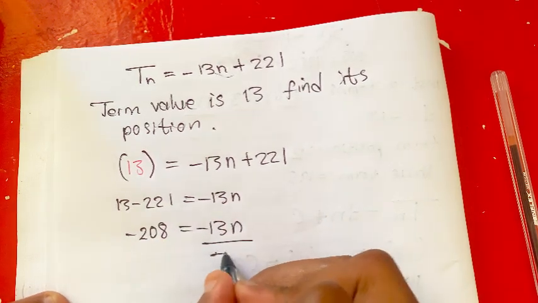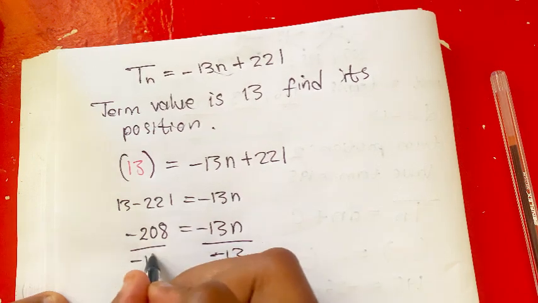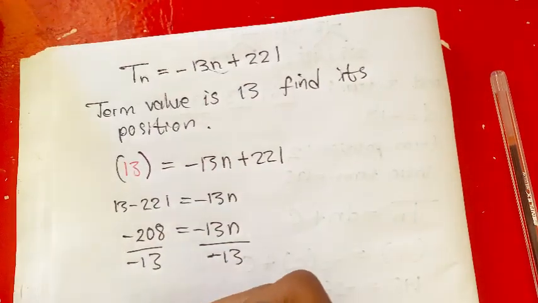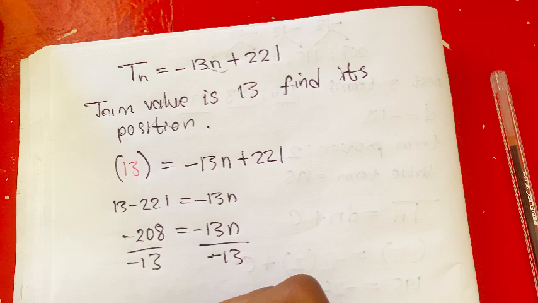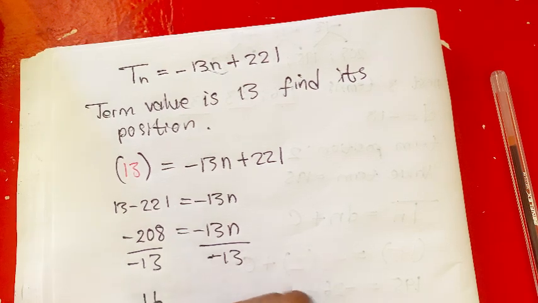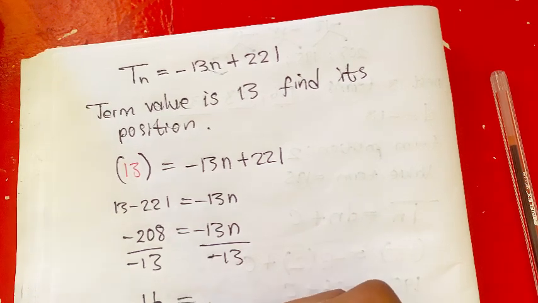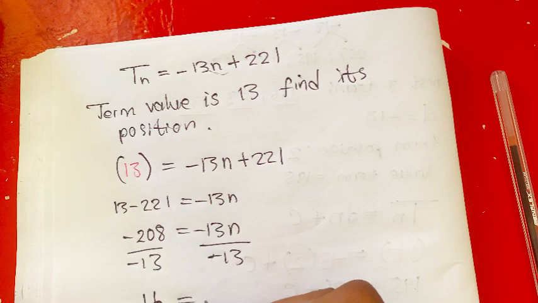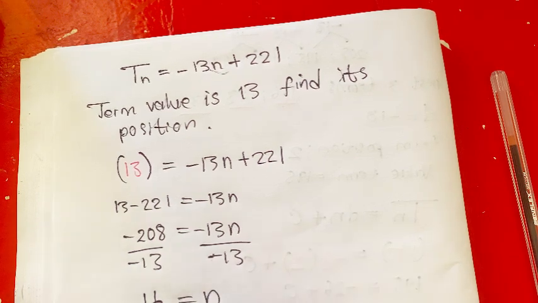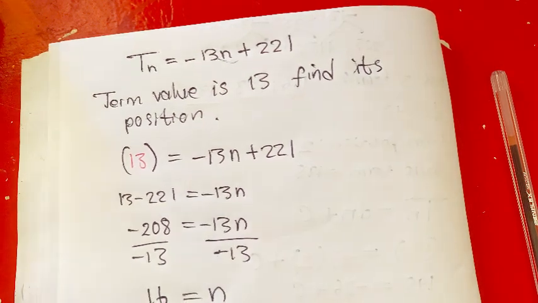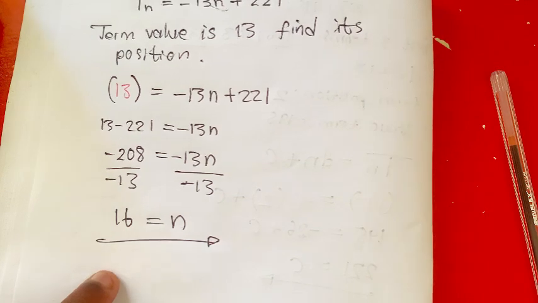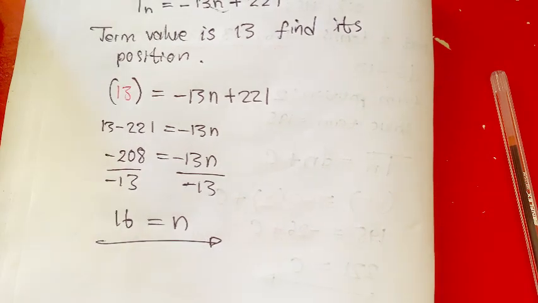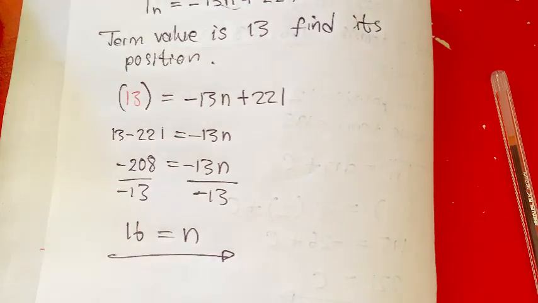Divide both sides by negative 13, and 208 divided by 13 is 16. Then you have your n. So the 16th term will give a value of 13, and that's how you can simply do your patterns.